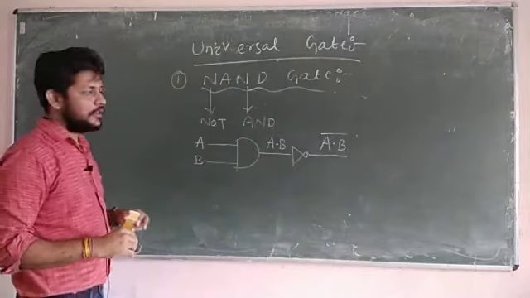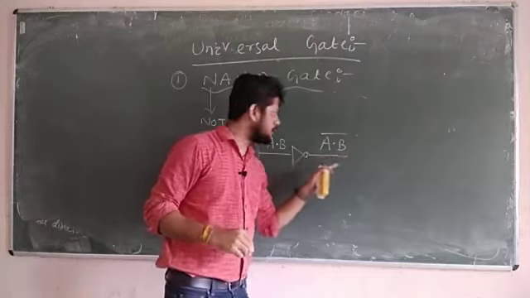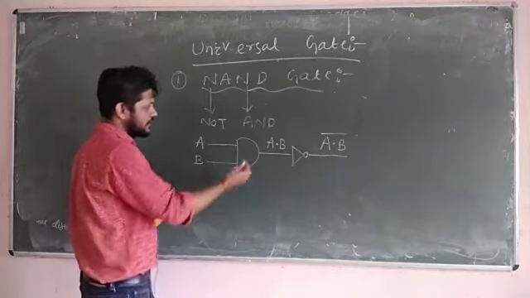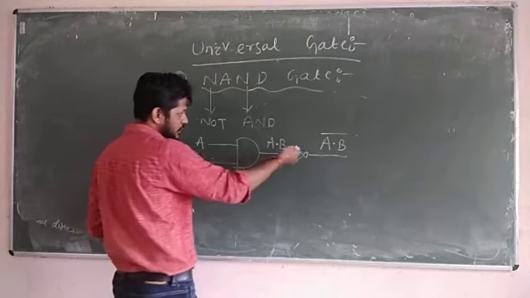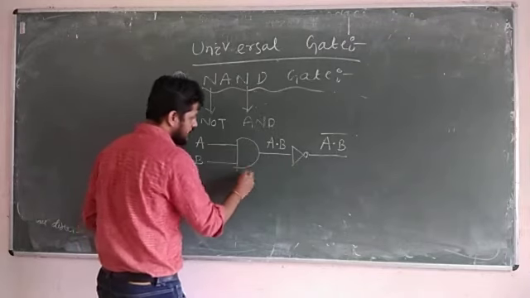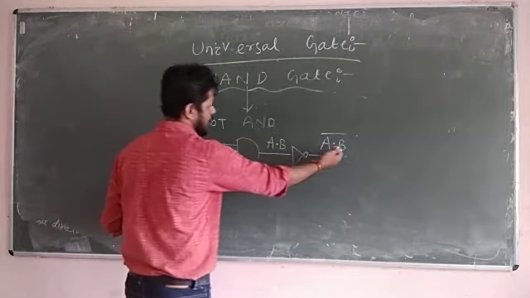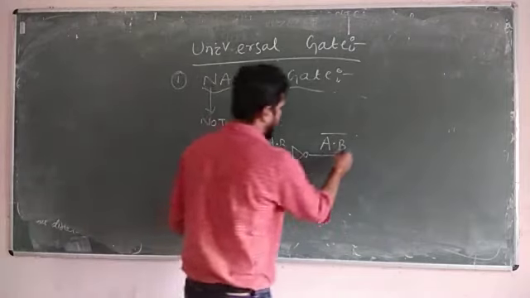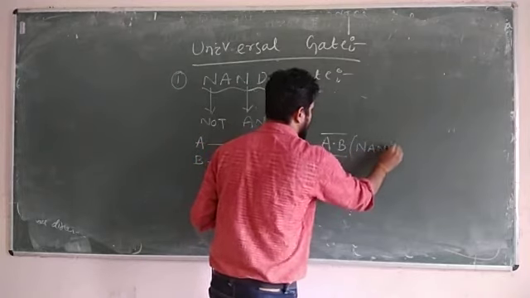A and B whole complement we have already studied in De Morgan's theorem. Now we can implement this by using two basic gates, that is your AND gate and NOT gate. If they are connected in series, the resulting gate is your NAND gate. So, NAND gate logic is A and B complement.